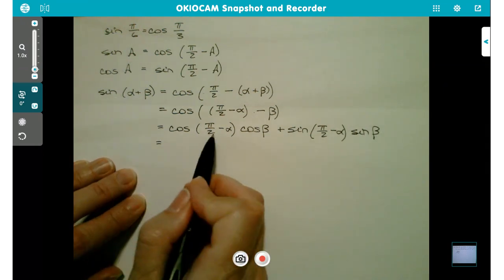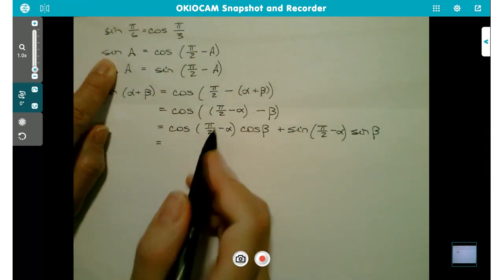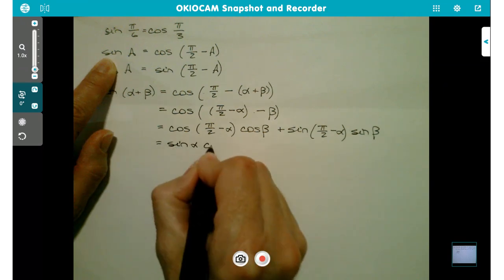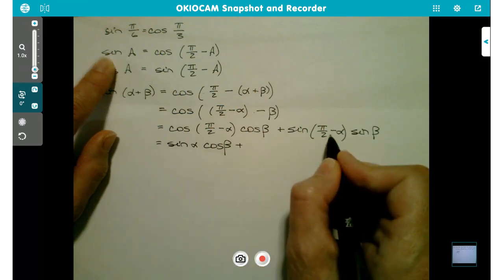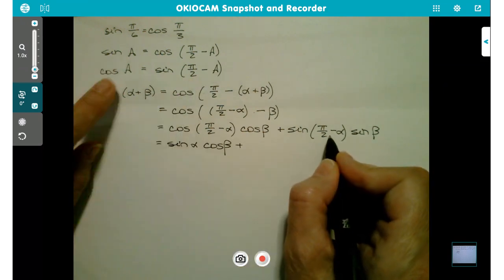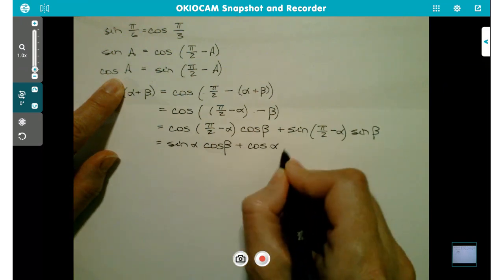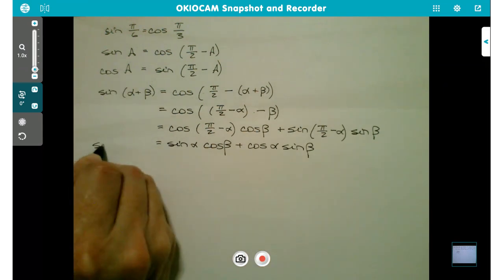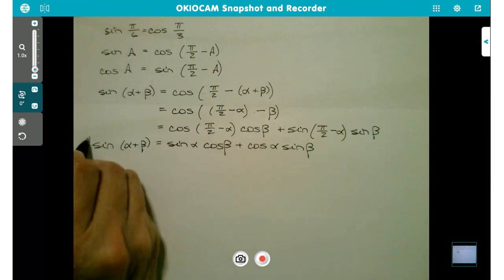But cosine of pi over 2 minus alpha, that's the same thing as sine of alpha. And sine of pi over 2 minus alpha, that's the same as cosine alpha. And there's my identity for sine of a sum.